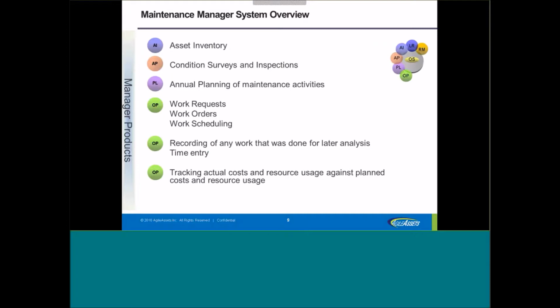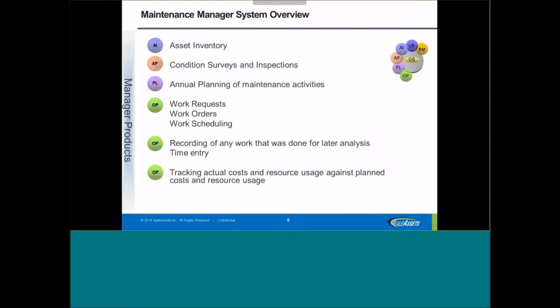We're going to talk about work requests and work orders and work scheduling, all those day-to-day operations type of things. Of course, recording of any work that was done for later analysis and time entry come into that, and then tracking costs and resource usage against planned costs and resource usage that really allows you to manage your operations.